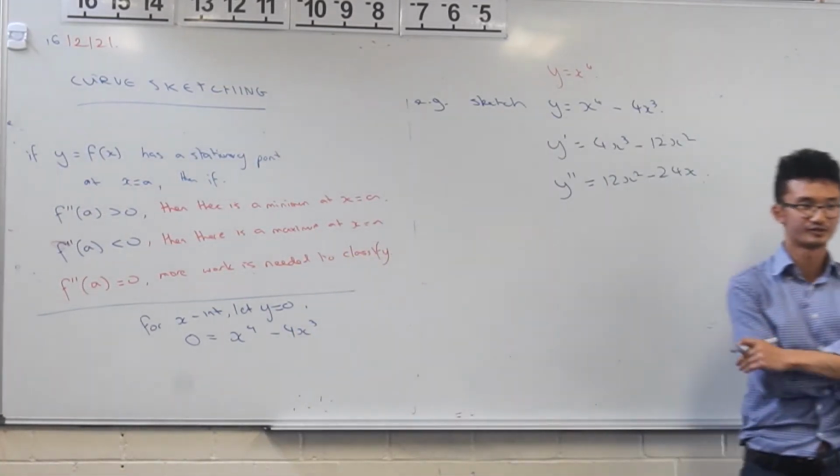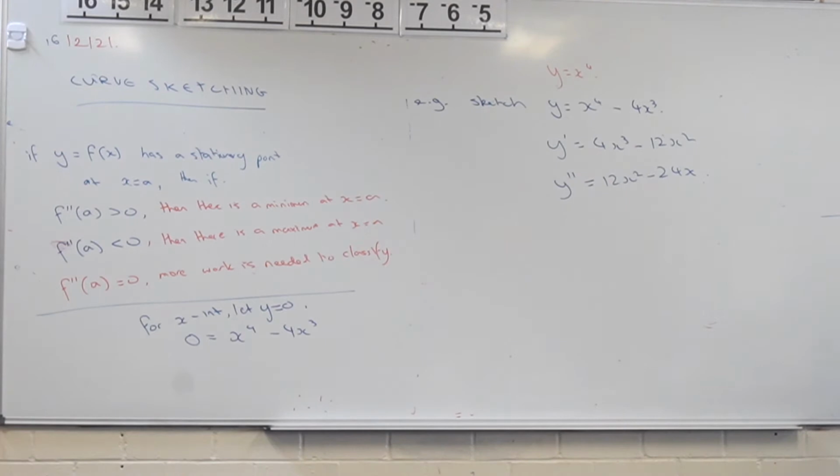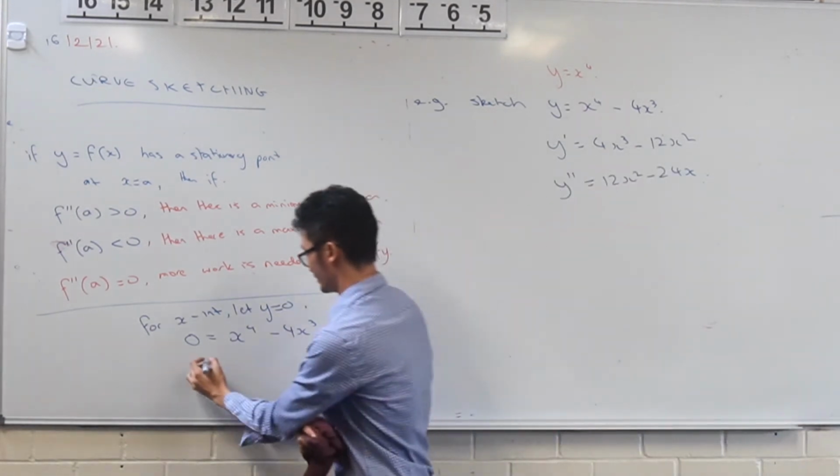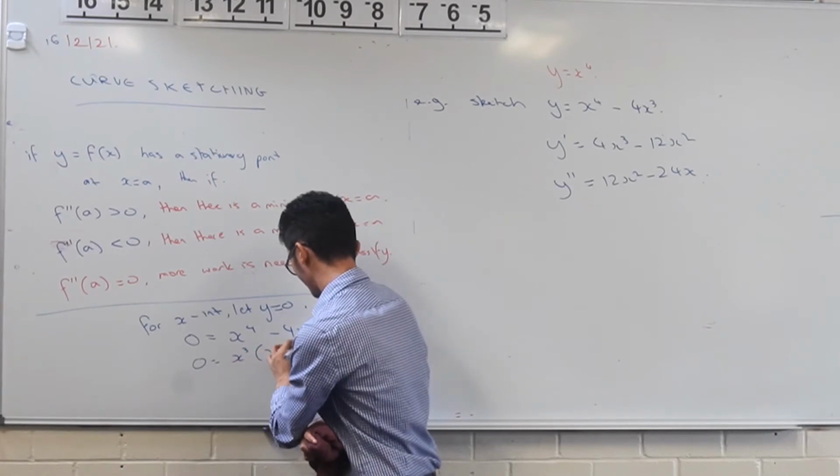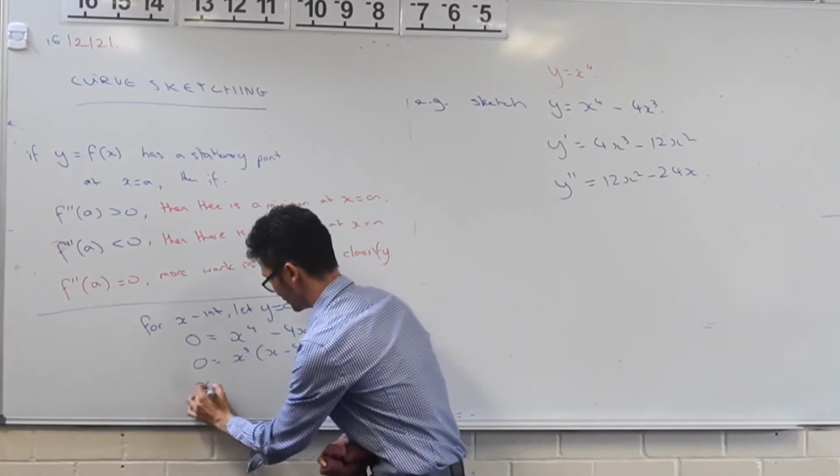And how can we solve for x in this case here? Yeah, nice. Factorize. So we're going to have 2 of them. So x equals 0 or 4.